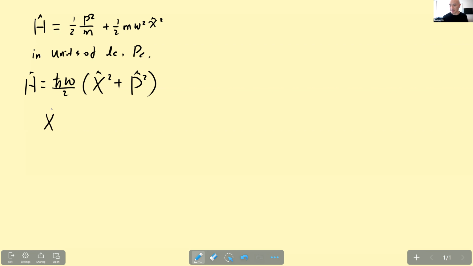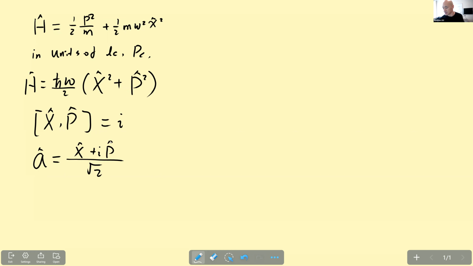Right, and the position and momentum, which are dimensionless, satisfy the commutator that is i, okay? And then we can define the lowering operator a, which equals to the combination of x and p. It's also dimensionless, okay?